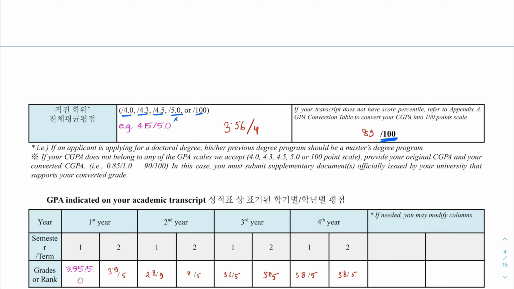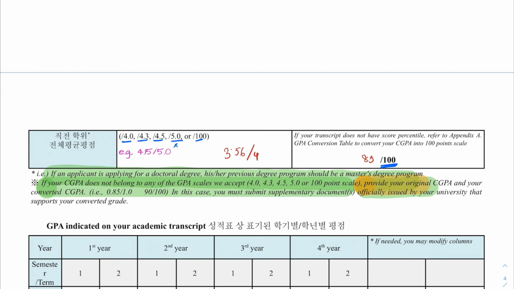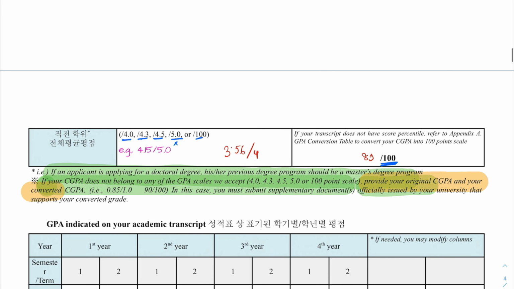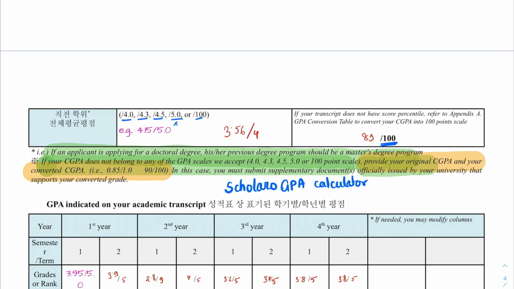They have also mentioned that if the applicant is applying for a doctoral program, then the previous degree program should be a master degree. If your CGPA does not belong to any of the GPA scales, we accept 4, 4.3, 4.5, 5 or 100 scale. So you have to provide your original CGPA and your converted GPA marks.